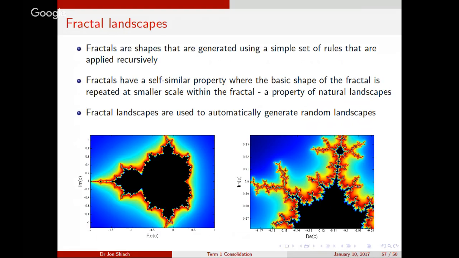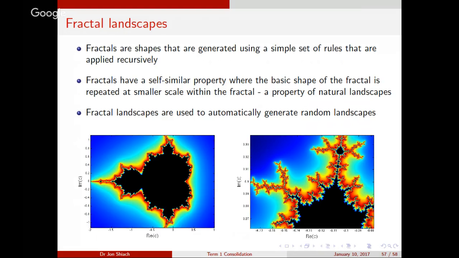Have you seen this one before? Anybody know what that's called? It's called the Mandelbrot set. It's quite a famous one. If you Google or YouTube Mandelbrot set, there's loads of funky videos on it. What you can do is zoom in. I think what I've done here is zoomed in on this portion, and I can keep zooming in, and I'll get lots of mini Mandelbrot sets in there. And I can zoom in on those mini Mandelbrot sets, and you get other ones.